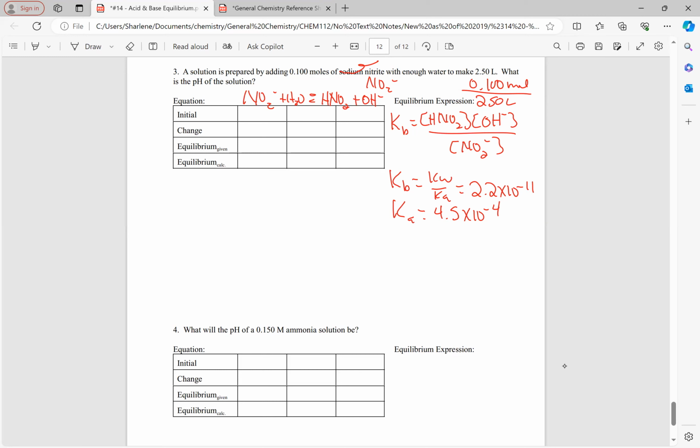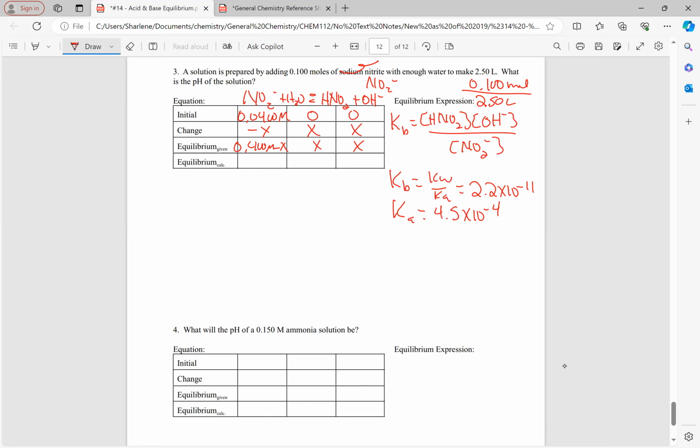It's already in liters. So 0.1 divided by 2.5 is 0.04. The reason I knew that is I was coming up with 40 as an initial concentration, and that doesn't make any sense. So 0.0400. I didn't add anything to it. Minus x, x, x. And do I give you any equilibrium? Nope. So it's 0.0400 minus x, x, and x.